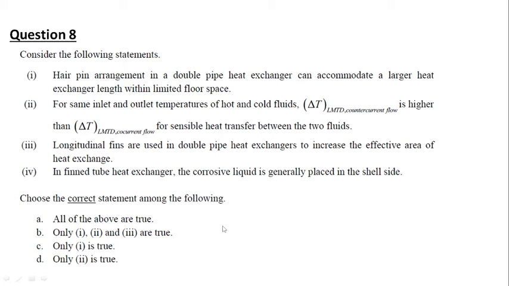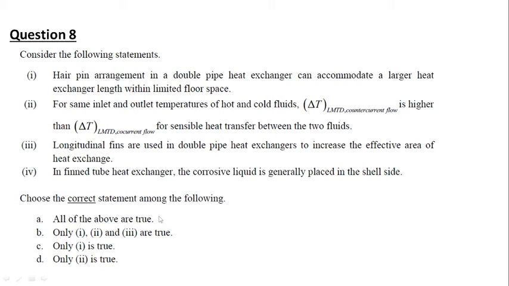Then the next one. Consider the following statements. One: a hairpin arrangement in a double pipe heat exchanger can accommodate a larger heat exchanger length within limited floor space. Two: for the same inlet and outlet temperatures of hot and cold fluids, delta T LMTD for countercurrent flow is higher than delta T LMTD for co-current flow, for sensible heat transfer between the two fluids.